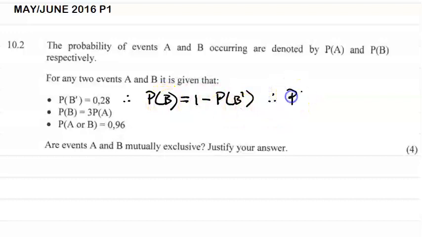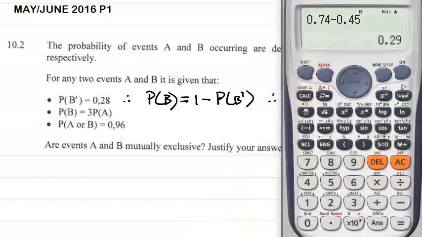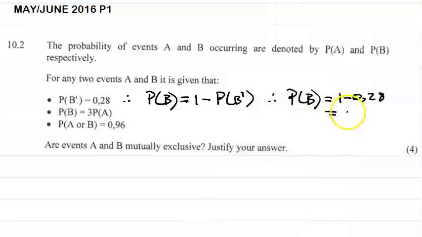Therefore, the probability of B is 1 minus 0.28, and that's equal to 0.72.